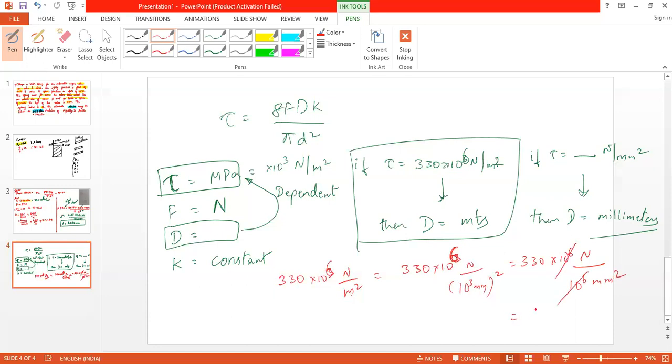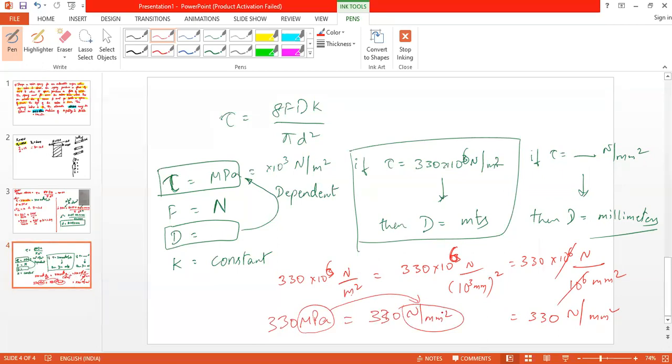The 10 power 6 cancel, so it is 330 Newton per mm square. If there is a megapascal, you can directly change it to Newton per mm square.